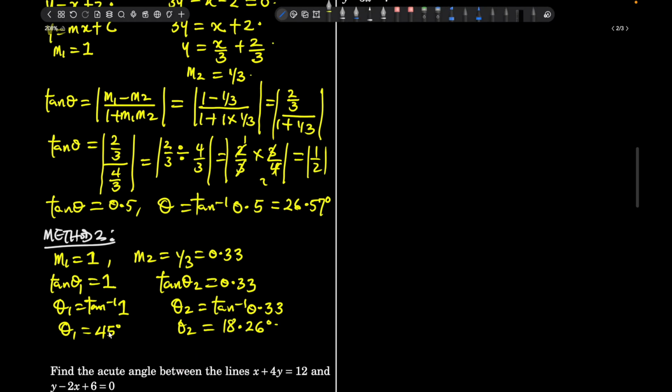Now finally, theta is equal to theta 1 minus theta 2. So you have 45 degrees minus 18.26 degrees. Let me do that on my calculator. 45 minus 18.26, I have 26.74.